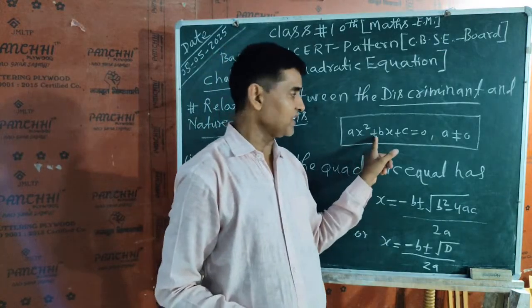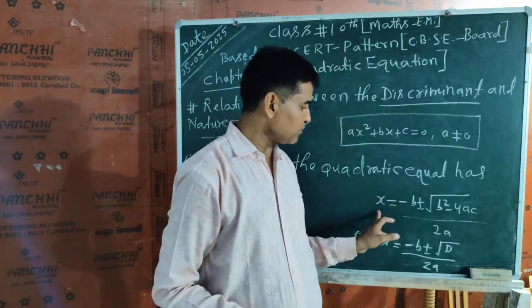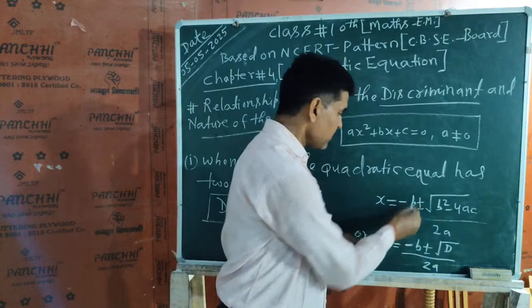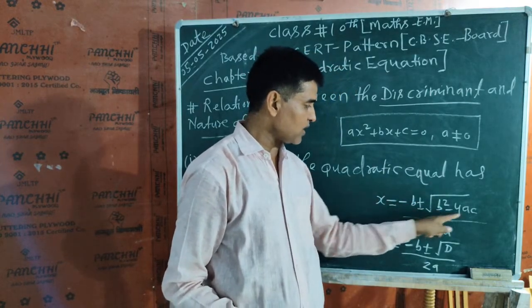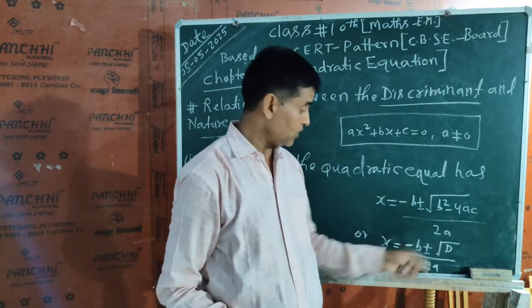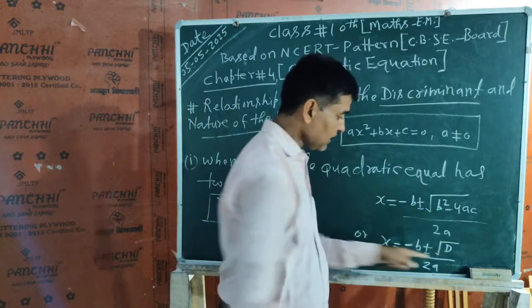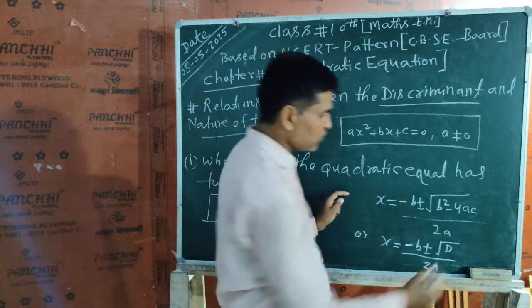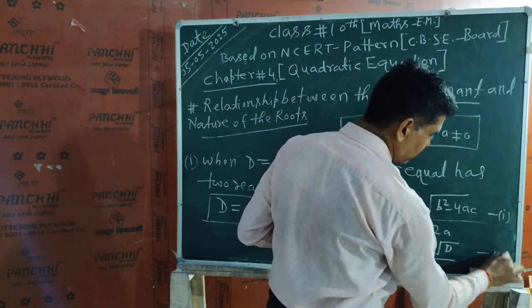If a quadratic equation is available, then from this quadratic equation I have to get the value of x, which is written in the form of x is equal to minus b plus minus root under b square minus 4ac, divided by 2a. Now here I am comparing the value of D in both formula number 1 and the expression, that is formula number 2.